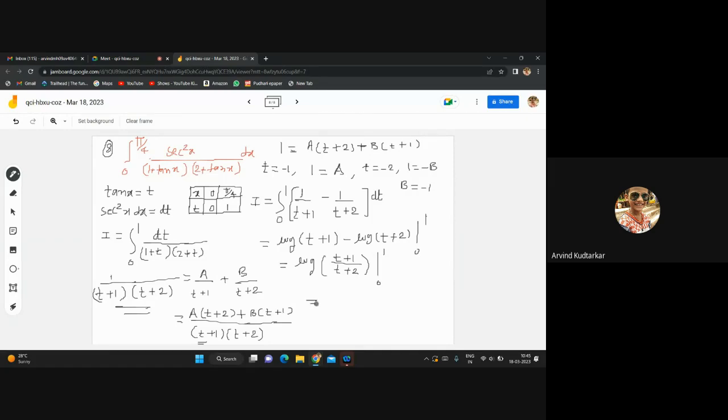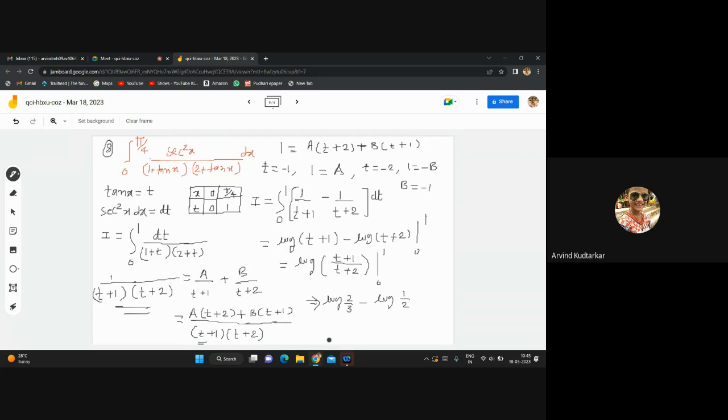Okay. That is equal to log of, बघा अपर लिमिट क्या होता है? log of t की जगह 1, 1 + 1 is 2 and 1 + 2 is 3, मतलब 2/3. ओके. माइनस substitute t is 0 म्हणजेच काय असणार log of 1/2. And we know here the result of log. And what is that result of log?